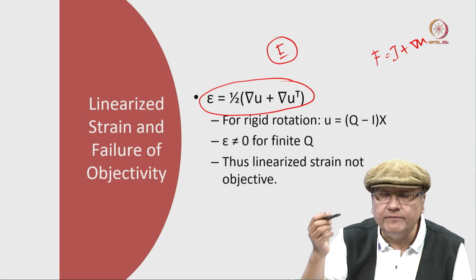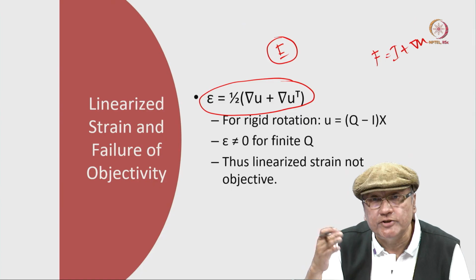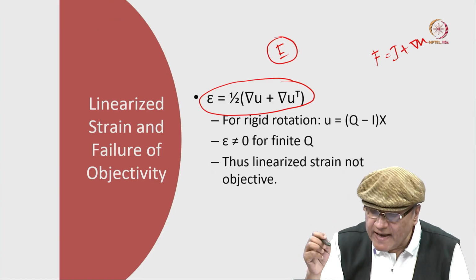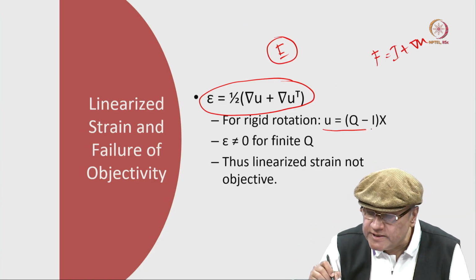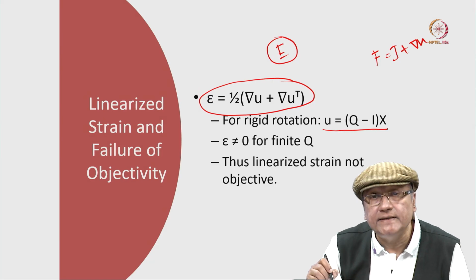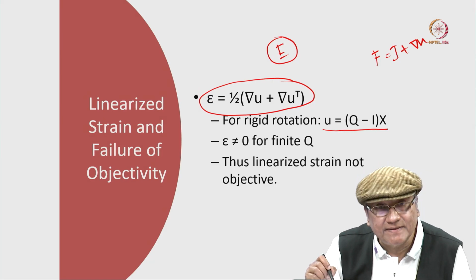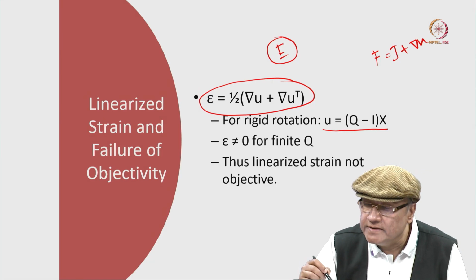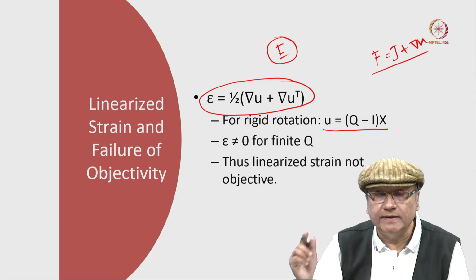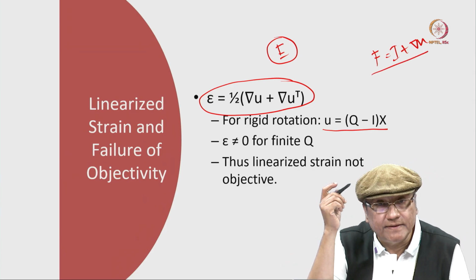So think of the deformation for rigid rotation. In that case the displacement will be just Q minus I times capital X, from the definition of the deformation gradient itself.